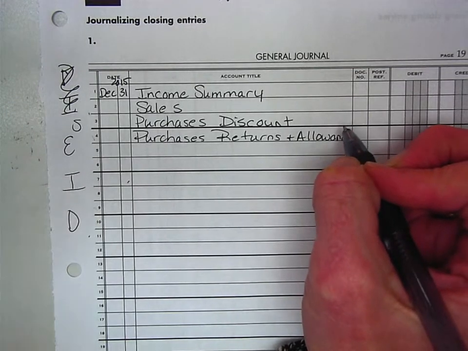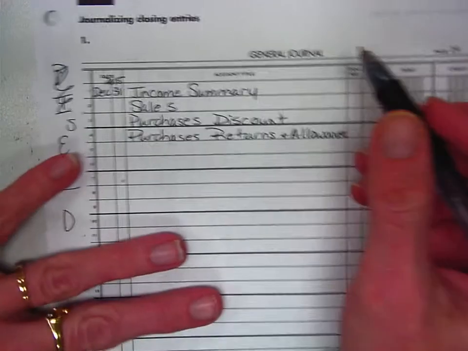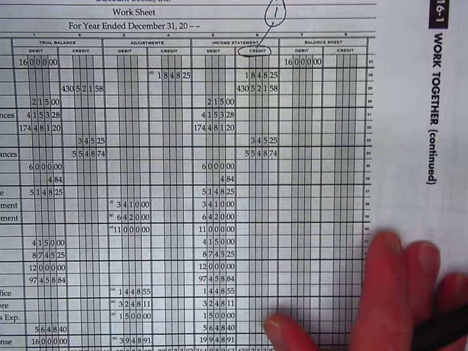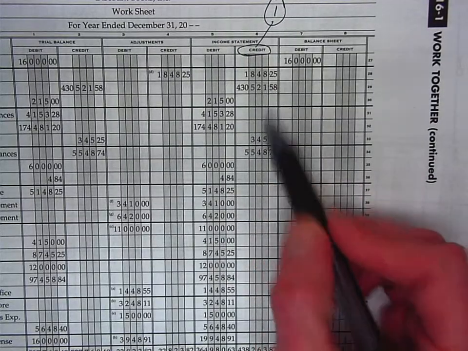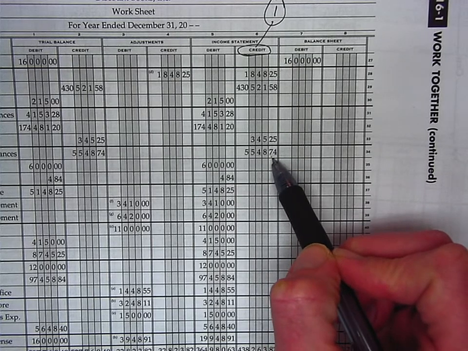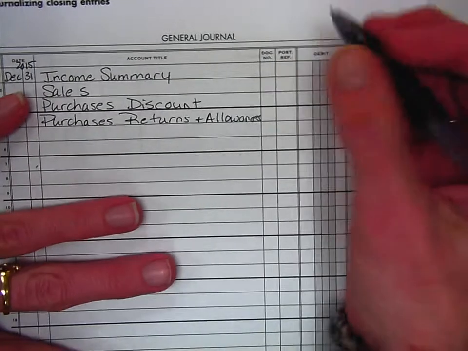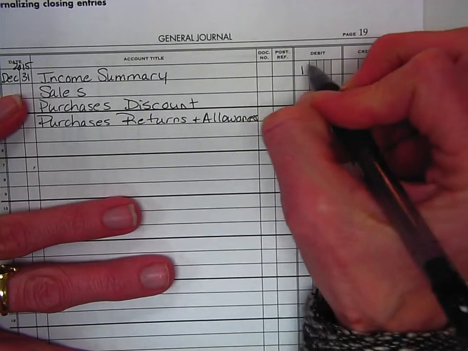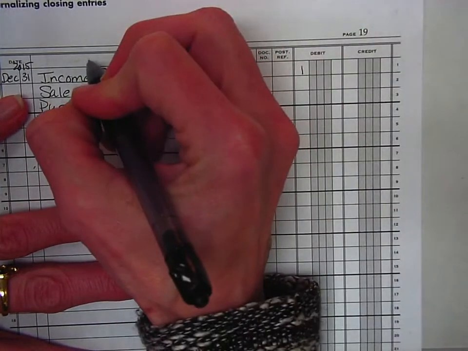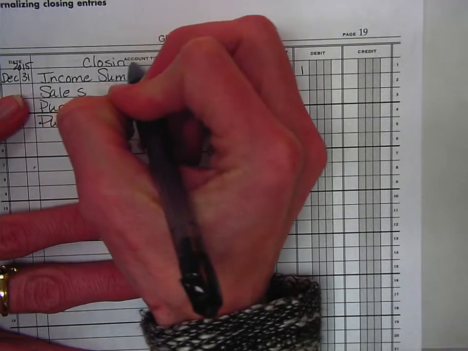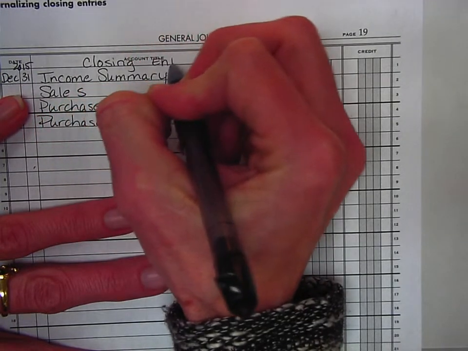Okay, so we're going to debit all of those. If you look at the balances on your income statement, this is income summary, sales, purchases discount, purchase returns, and we're going to debit all of those. I didn't put the title at the top before, closing entries.